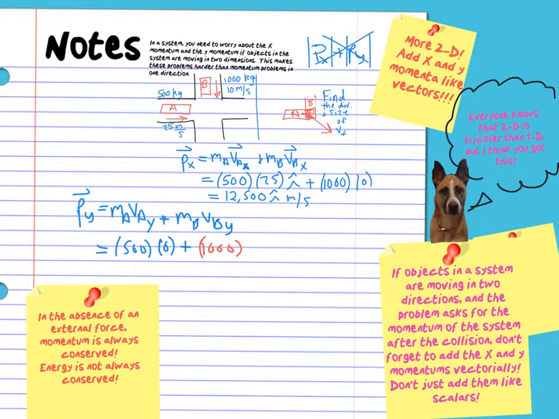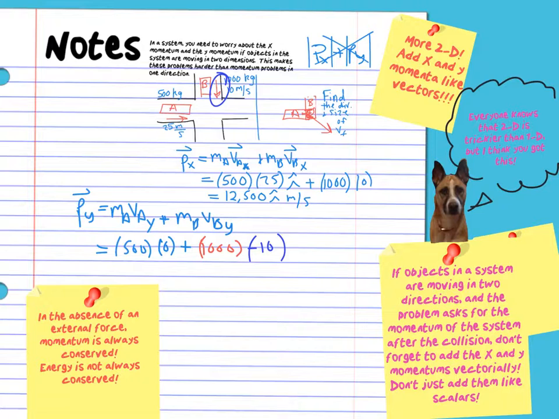Now we have the velocity of B in the y direction. I am really tempted to put 10 here until I look at my diagram. It's a good thing I drew the diagram. B is moving downward, southerly, whatever you want to think about it. So what do you need?